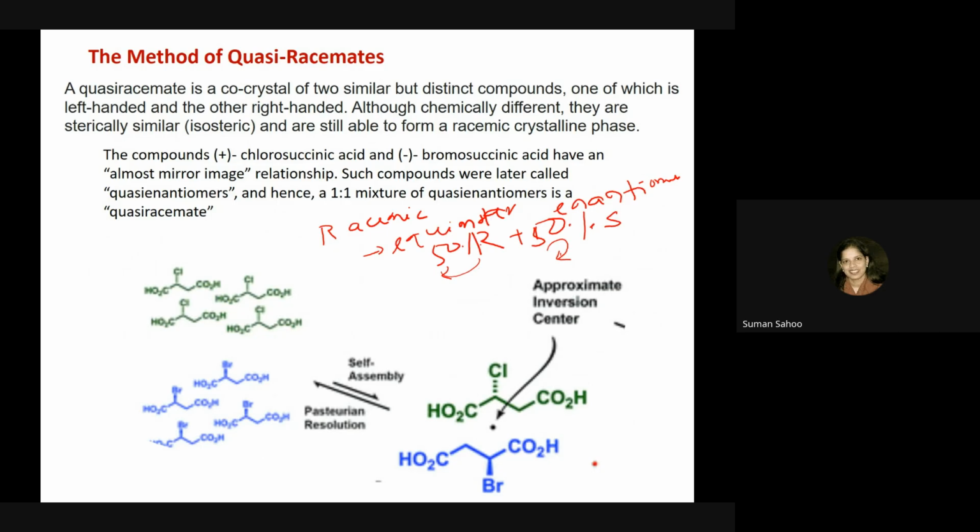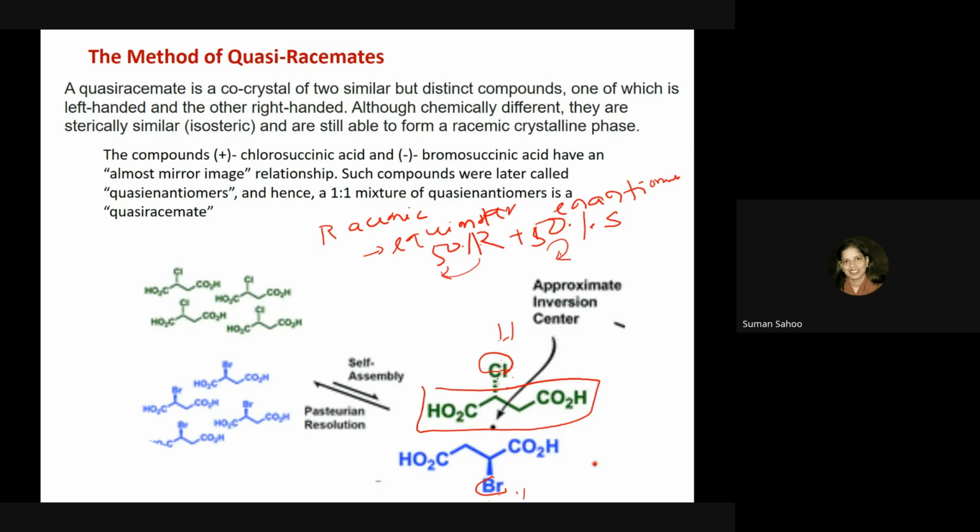So what is a quasi-racemate? Check these two examples. If we ignore the chlorine and bromine, you can see the backbone is almost similar, and the chlorine group is down the plane and this group is up the plane. These two are mirror images of each other, but they are not enantiomers. If there were a hydrogen in place of the chlorine and bromine, they would be enantiomers.